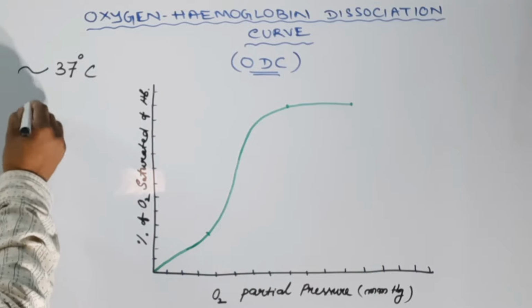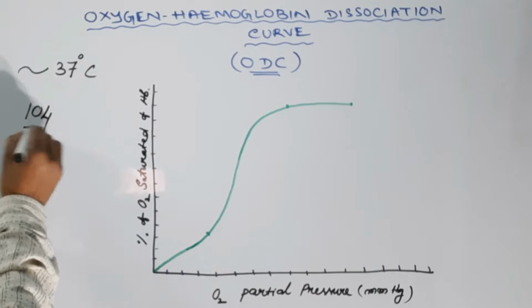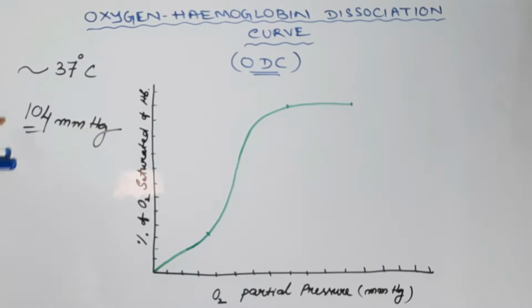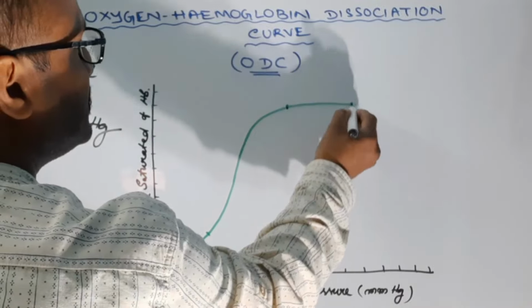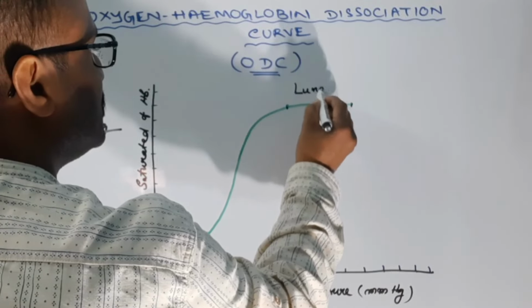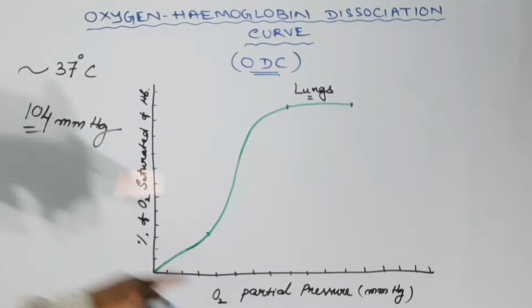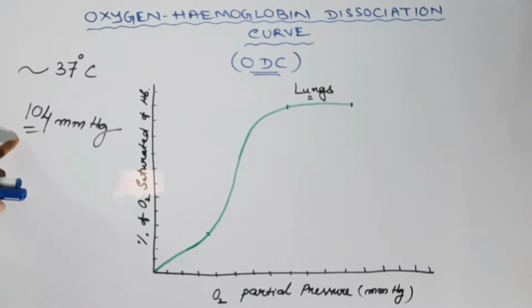Suppose the normal partial pressure of oxygen is 104 mmHg. So about 100 mmHg partial pressure is present at the lungs. In the lungs, the capillary blood has a higher partial pressure of oxygen, about 104 mmHg.